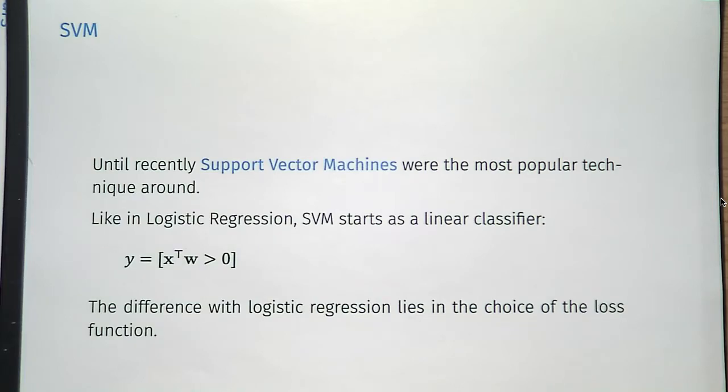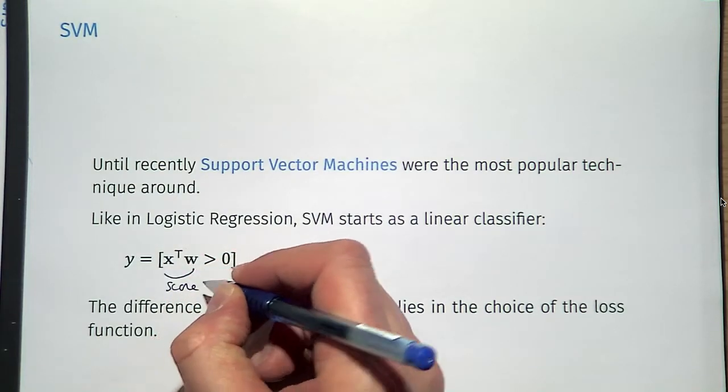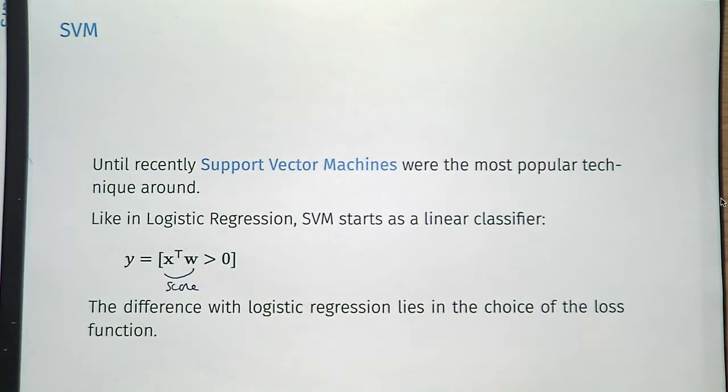So the thing to keep in mind for you is that support vector machine is no different from logistic regression, okay? So you still start from a linear classifier model, okay? So remember, this is your score, and this is just the outcome. You check whether the score is bigger than 0 or not, and if it's bigger than 0, you say the class is 1, and if it's not, it's 0, okay?